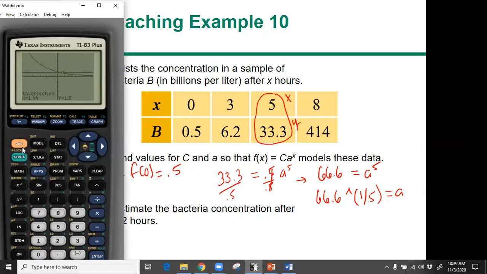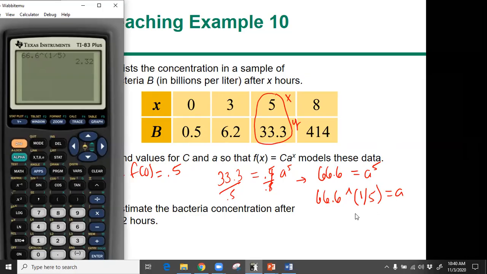I'm going to go to my calculator and type in 66.6, and I'm looking for the 5th root, so I write it as to the 1/5. And I get 2.32 approximately. It doesn't tell me to round to anything else, so I'm going to round to the nearest hundredths.